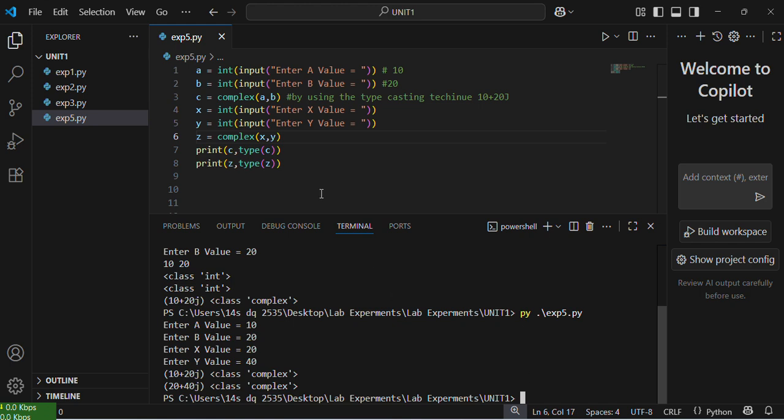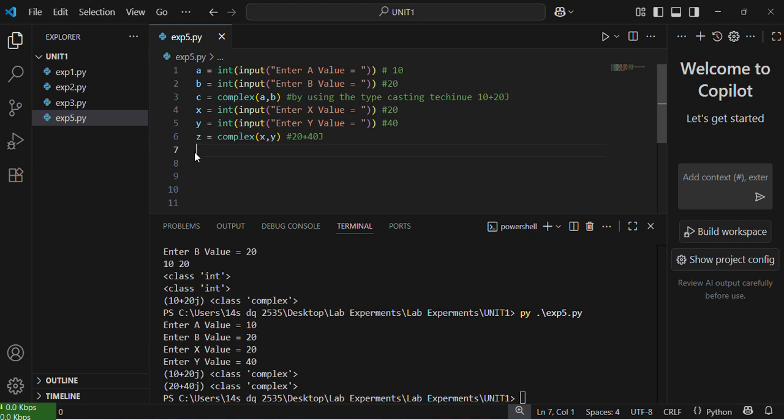Here I get the complex number 20 plus 40j, where 40 is the imaginary part. The c variable and the z variable are both complex numbers.